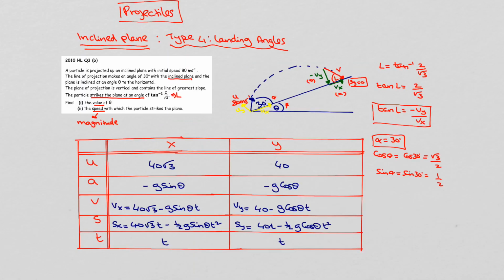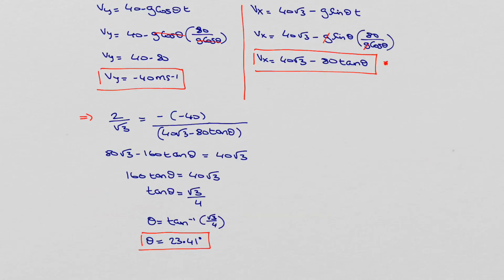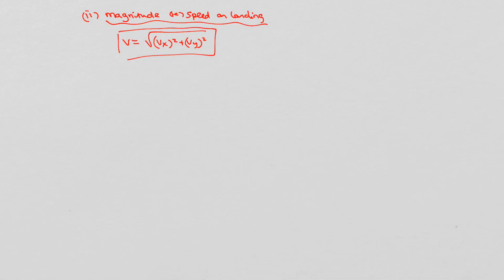Okay, so in order to do that, I need the square root of Vx squared plus Vy squared. Because again, if I go back to my original diagram, I have the magnitude is the hypotenuse in my triangle. So it's h squared is equal to o squared plus a squared. So h is equal to the square root of o squared plus a squared. But of course I have to work out Vx first of all.